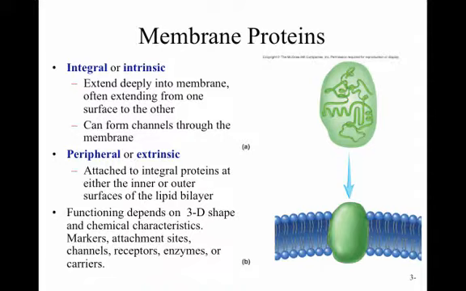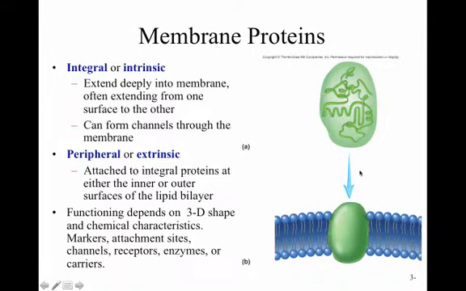The integral proteins form channels that different molecules can pass through. Now, they're proteins, so remember, the protein has these long chains, and there's hydrogen bonding occurring that helps them fold up on each other and gives them their specific shape that allows for different molecules.